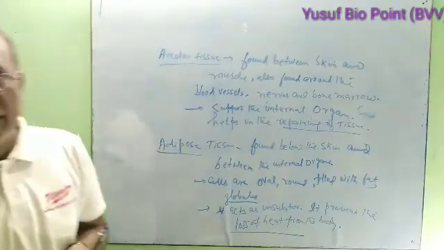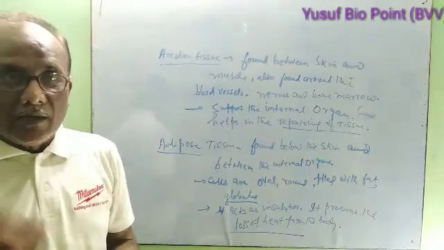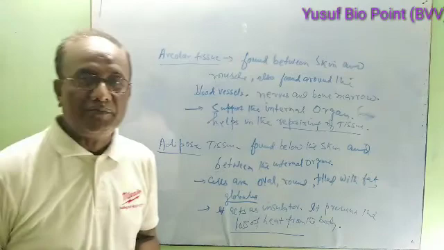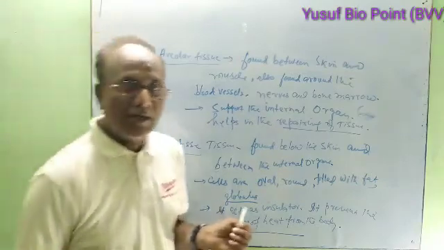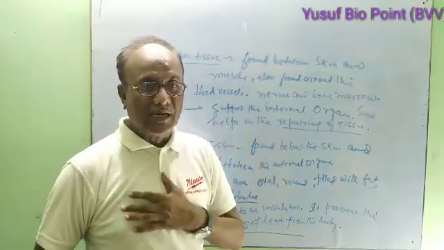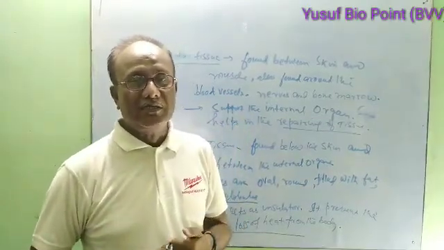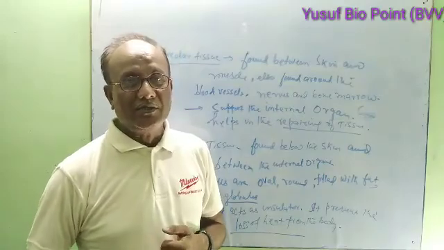It acts as an insulator, means it prevents the loss of heat from the body. So we have studied these types of the connective tissue. In the next video we shall start the muscular tissue system.